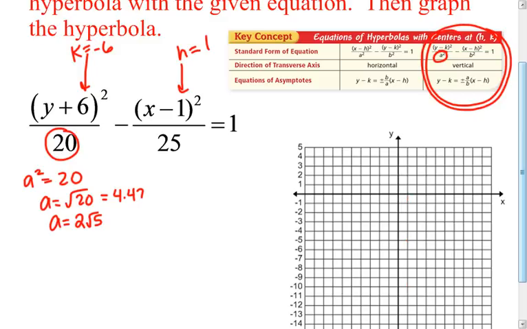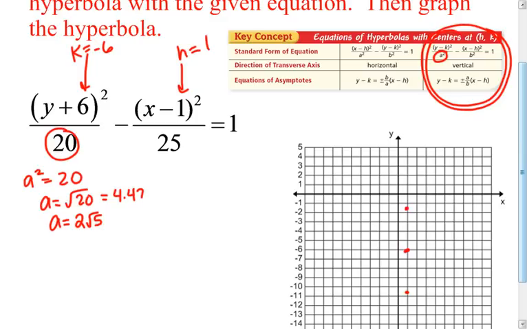Sorry, I graphed my first spot at 1, negative 5 instead of 1, negative 6. All right, 4.47 up and 4.47 down. Again, 4.47 is the same as the square root of 20, which is also the same as 2 root 5.